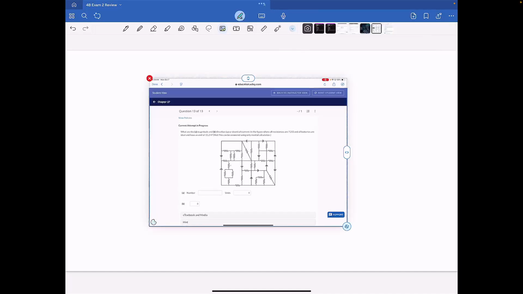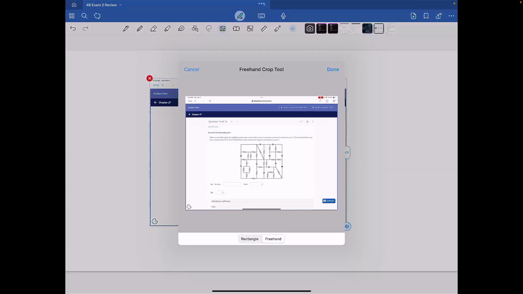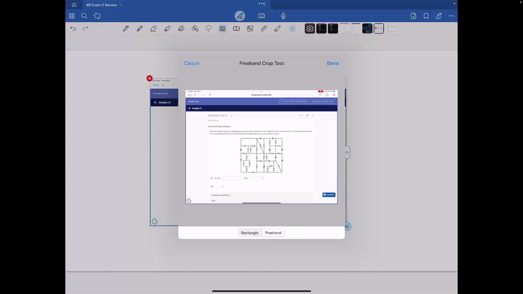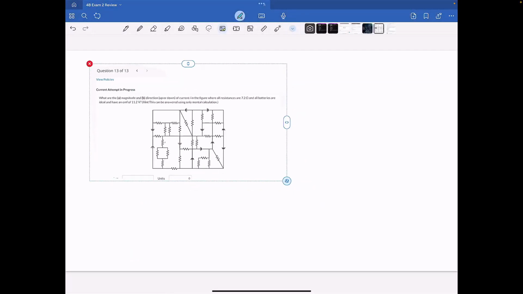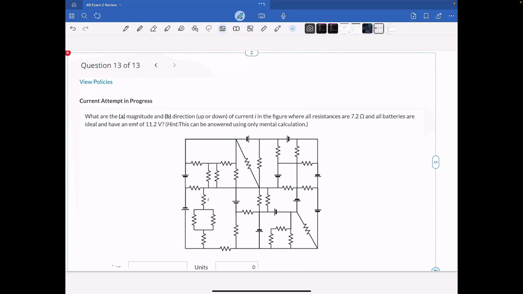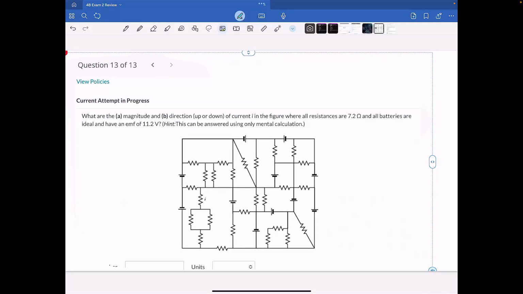If I now crop here, I know it's pretty small. Do you see how it says rectangle and freehand at the bottom? With freehand, all I have to do is draw around the stuff that I want, and then I say done. I just find that a little bit faster than dragging those rectangles. But you do you, right?